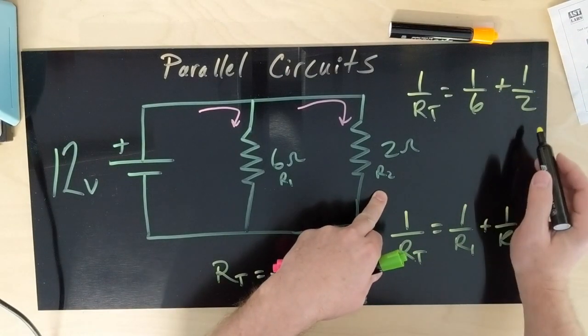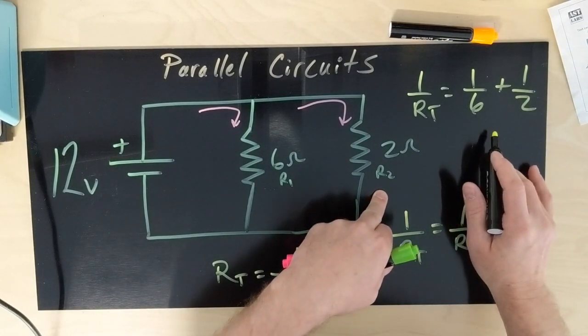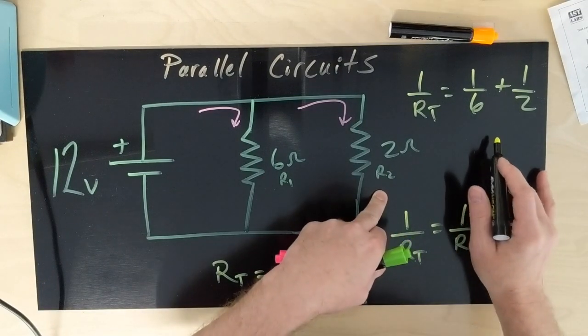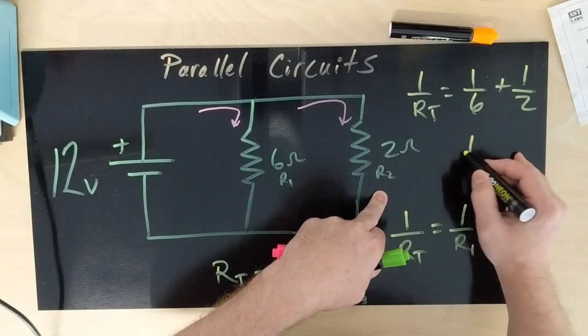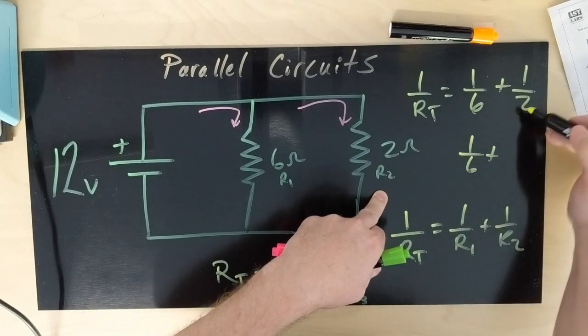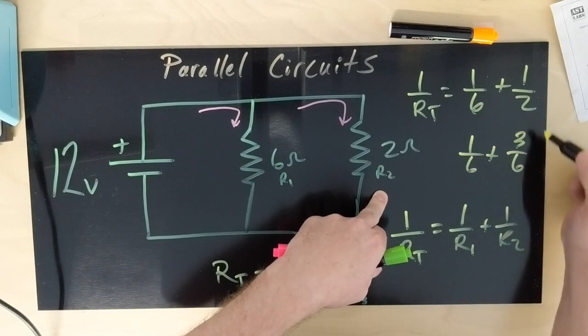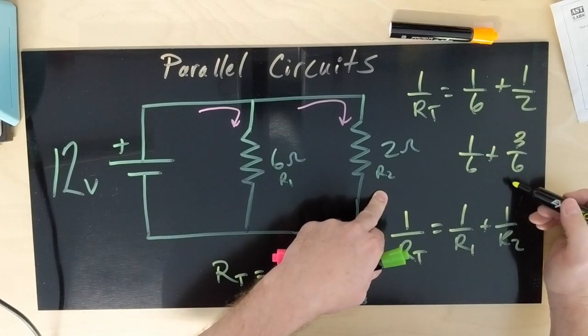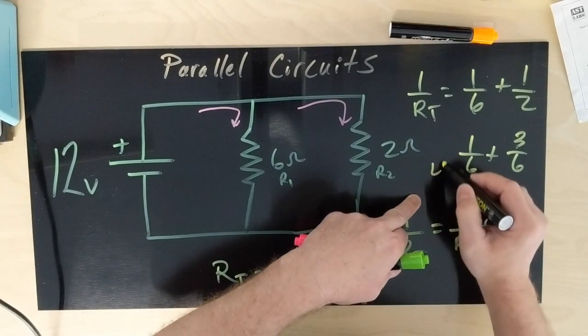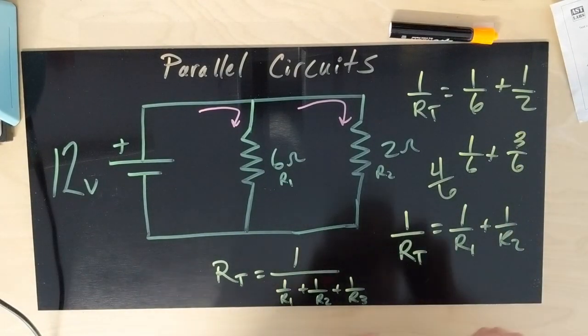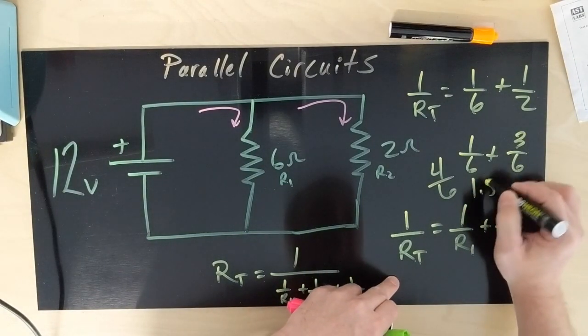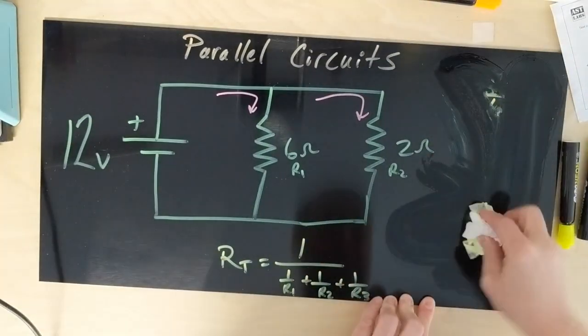As we add these up, it's just your typical fraction addition. If we use 6 for both, it's going to be 1 over 6 plus 3 over 6. So it's going to be 4 over 6, but it's the reciprocal, so it's going to be 1.5 ohms.